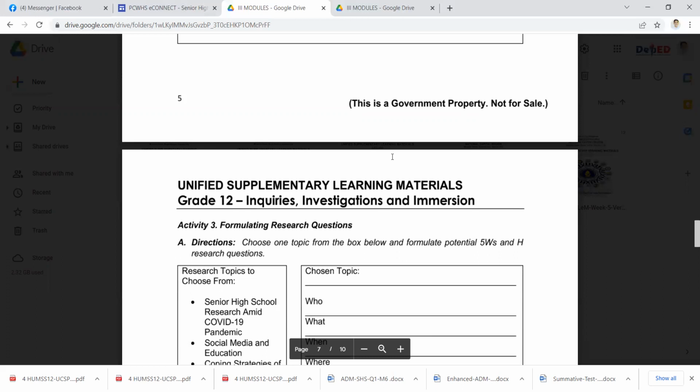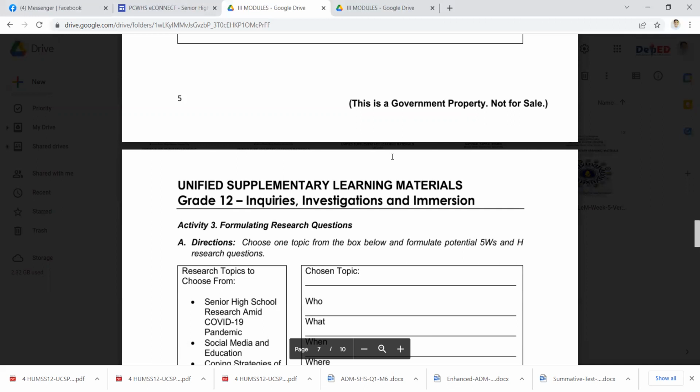Now, direction for activity 3: choose one topic from the box below and formulate potential questions. So you have to use the 5 W's and 1 H: what, where, when, how, okay? When you try to formulate a question.